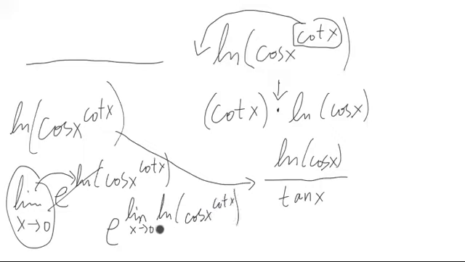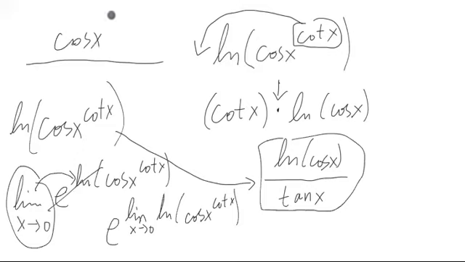So whatever we get right here, we better put it as an exponent for e to find the ultimate limit that we were after originally, which was the limit of cosine x raised to cotangent x as x approaches 0. We're going to get it by finding this limit and then putting it as an exponent of e.